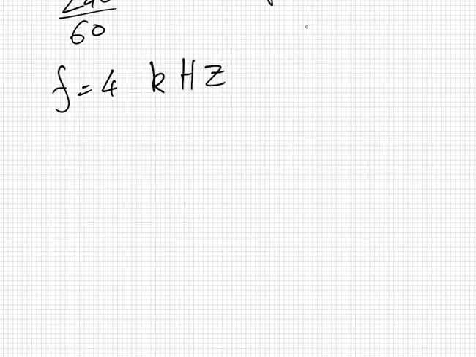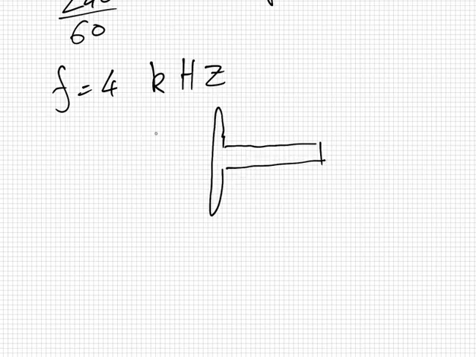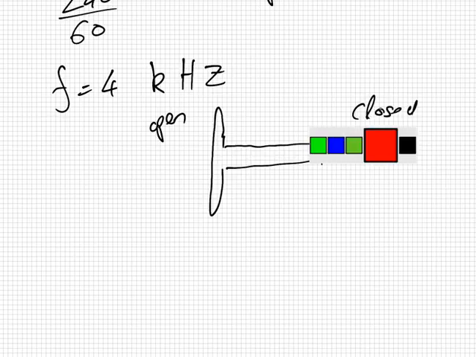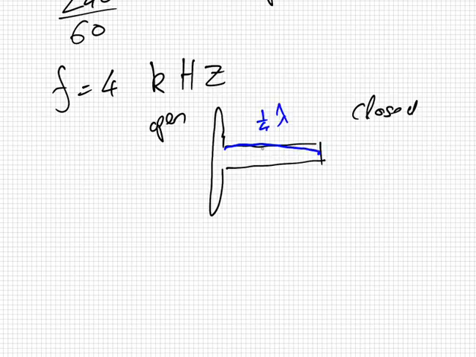So how big is this? It's three quarters of a wavelength. So that means this will be 3 quarters times 0.309, so the pipe is 0.232 meters long.